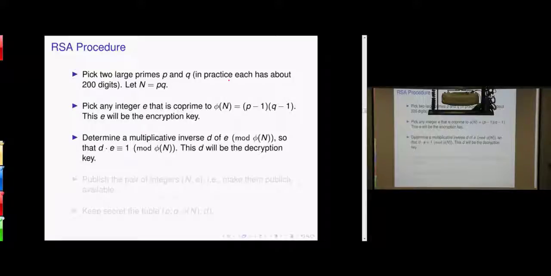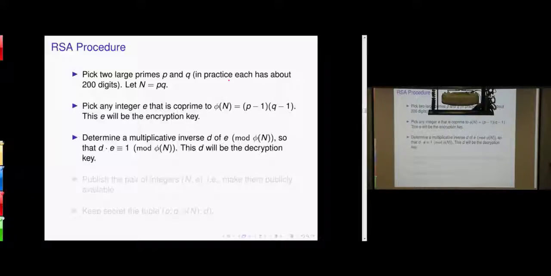Then I determine the multiplicative inverse d of e modulo phi n. Because e is co-prime to phi n, there is a multiplicative inverse. You have tutorials and you have tried this. In other words, d times e is congruent to 1 modulo phi n. And d will be the decryption key.